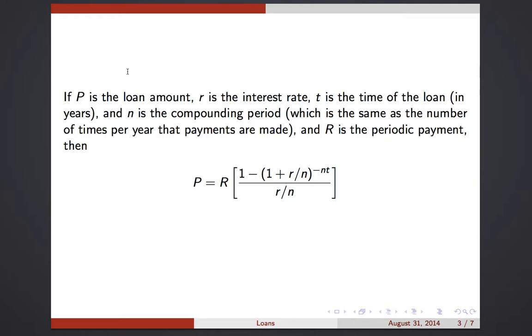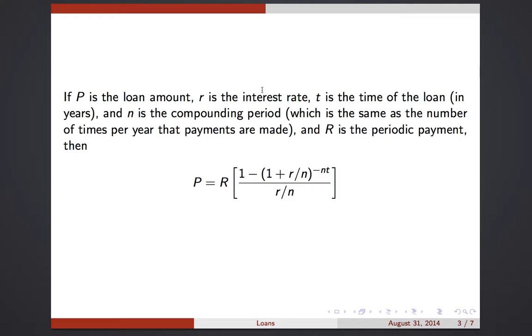With this formula, I should issue the same warning that I issue with all formulas that we talk about. Each formula is only designed to answer certain kinds of questions. So this is just a loan formula. This formula models loans that don't use simple interest.